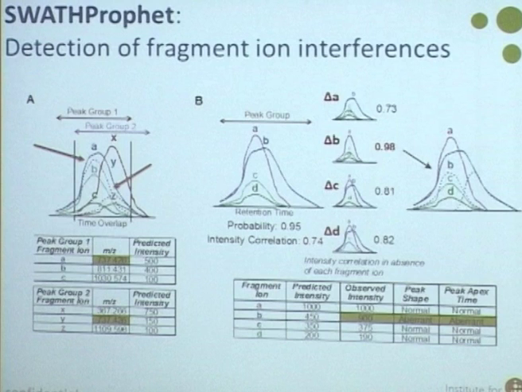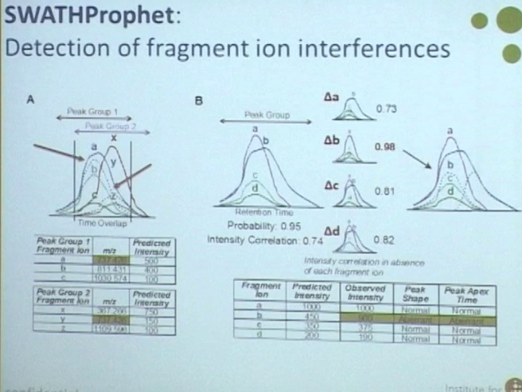If you have two peaks or two peptides that are very close eluting, and they have some transitions that are also shared between those two, we can't really determine which of those transitions come from which of the peptides and what that contribution is. And so we need to understand how to separate those as we go through.